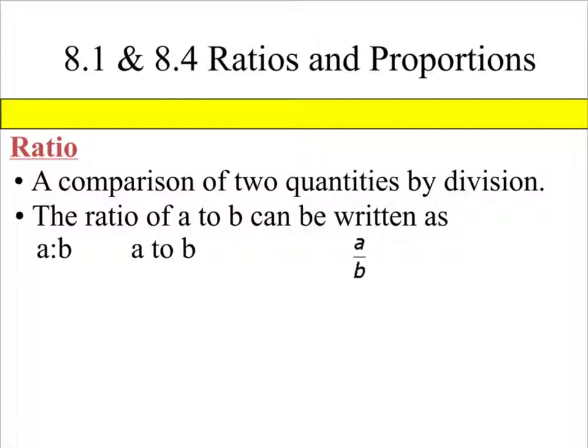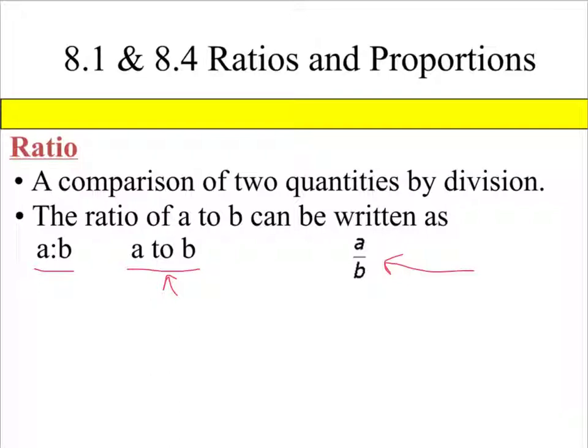When you look at the ratio of A to B, it can be written as A colon B. You can write out the words A to B, with "to" being just T-O, not T-O-O or T-W-O. Or it can be written as a fraction as well, because we all know that fractions can show two quantities dividing each other.